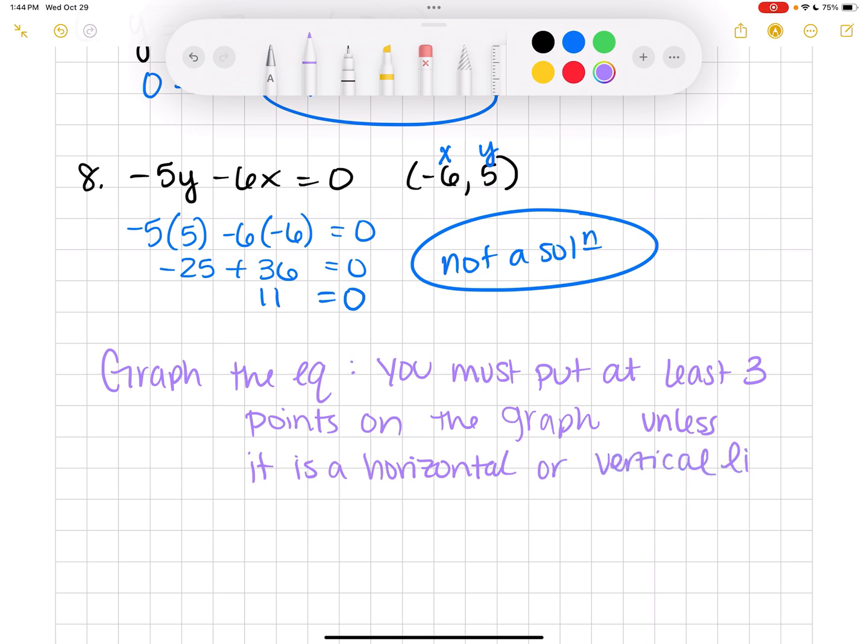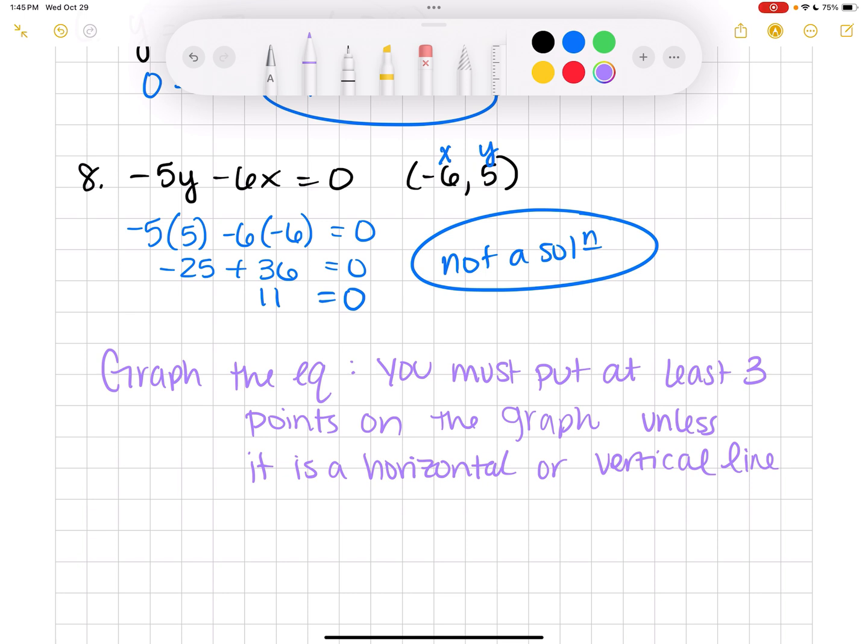So that would be the situation where it's just x equals a number or y equals a number. And this will continue to be the rule, except in the next section when we're graphing using intercepts, we'll have 2 points. But again, I'll specify when that is and what that looks like. But our general rule, when in doubt, put 3 points on our graph.